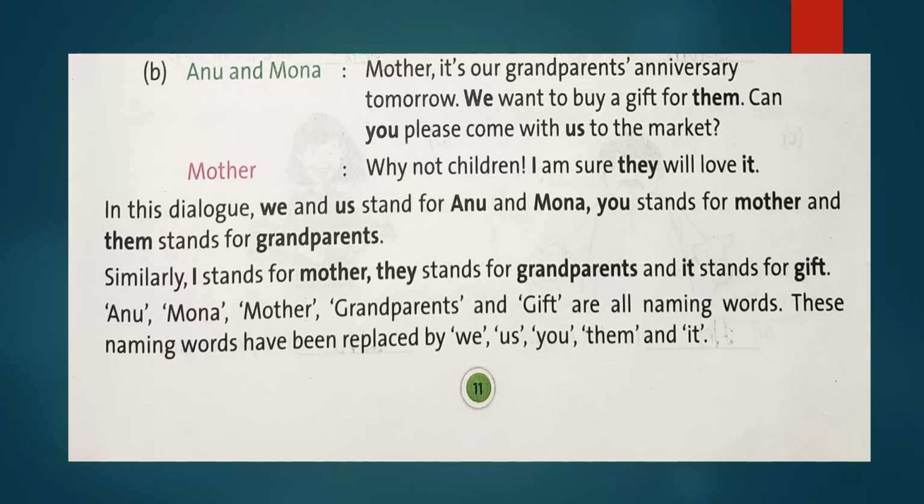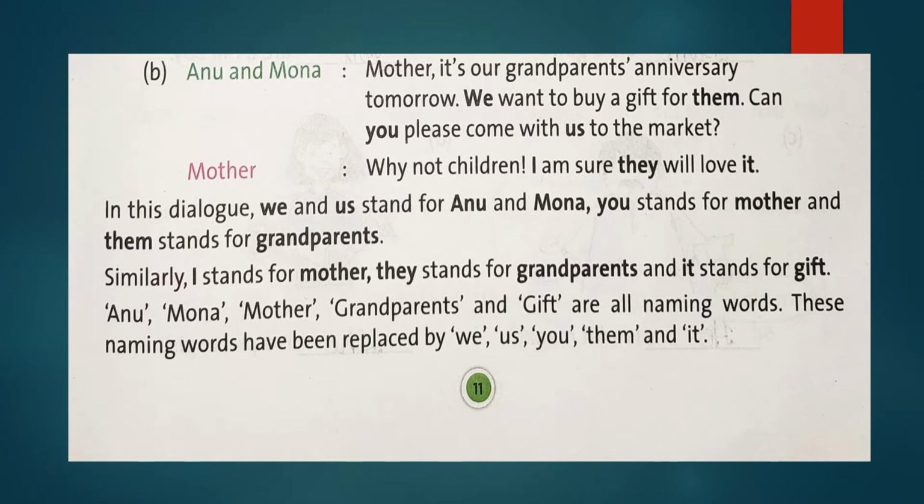In this dialogue, we and us stand for Anu and Mona. You stands for mother and them stands for grandparents. Similarly, I stands for mother, they stands for grandparents, and it stands for gift. Anu, Mona, mother, grandparents, and gift are all naming words or nouns.